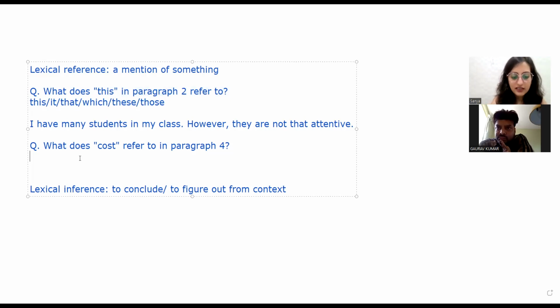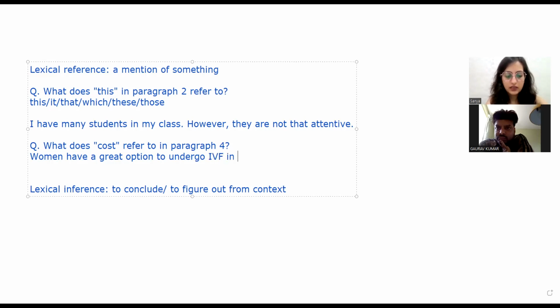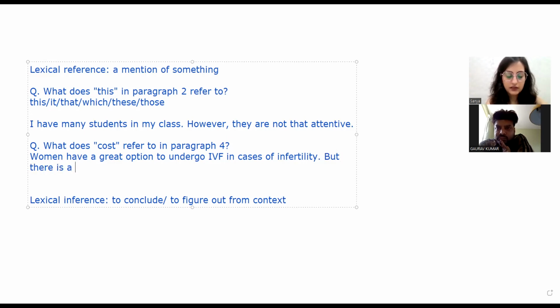For example, if I say that women have a great option to undergo IVF in cases of infertility. Now, if I then say, but there is a cost for that. Now, I don't know the cost because it has not been mentioned yet.